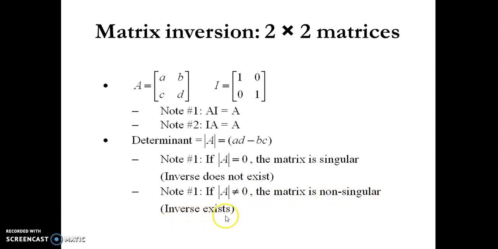The inverse exists. However, if your determinant is equal to 0, we say that the inverse does not exist and the matrix is singular. But again, what does this all mean?